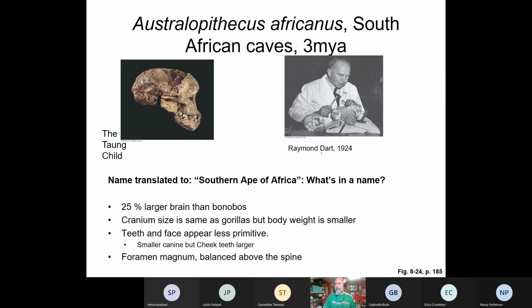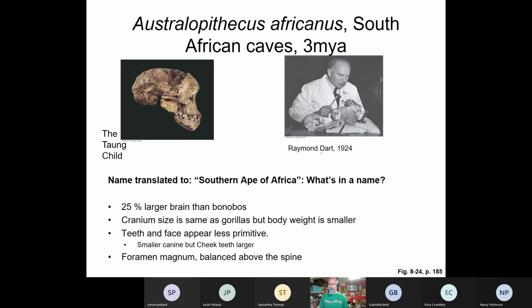Australopithecus africanus. The first Australopithecine found was actually found by Raymond Dart in 1924. Donald Johanson came along and found Lucy in 1974. This was the first hominin that was found in Africa.